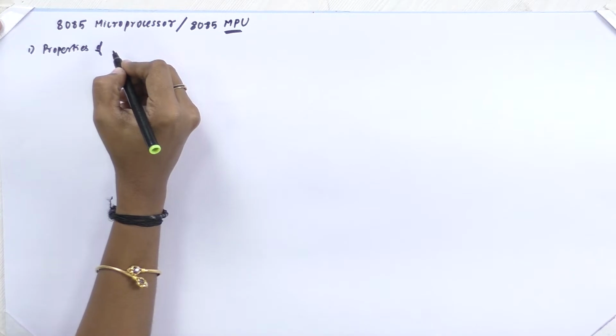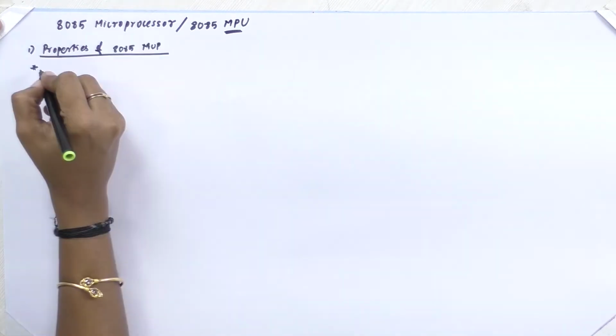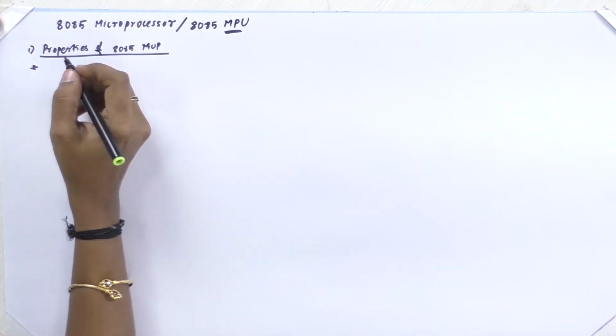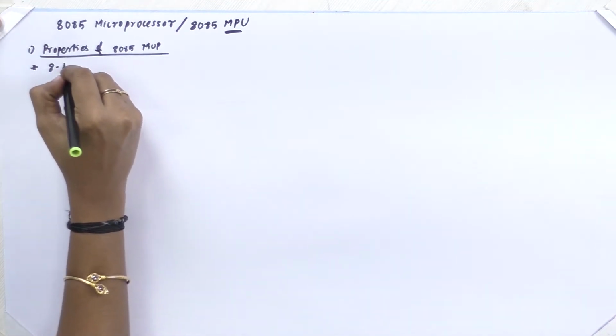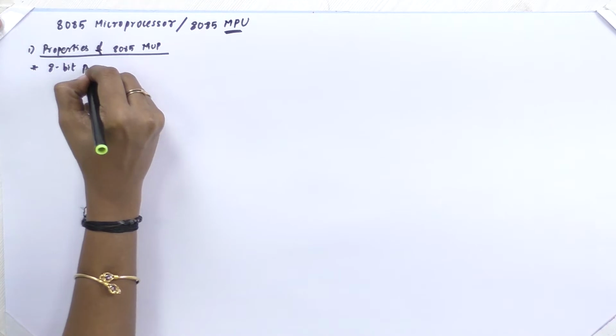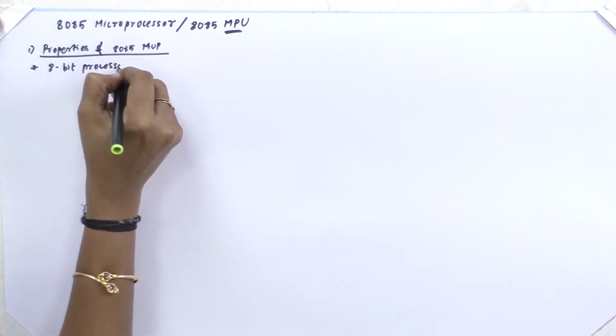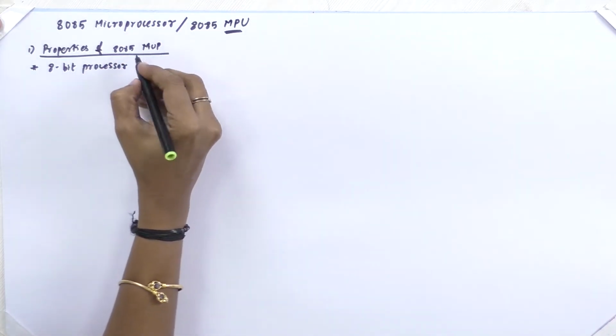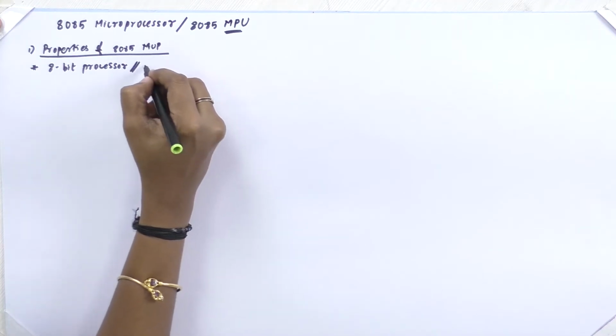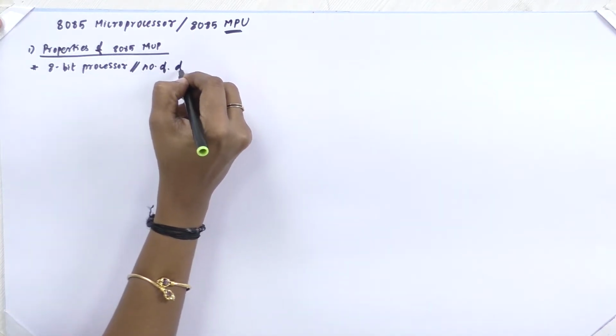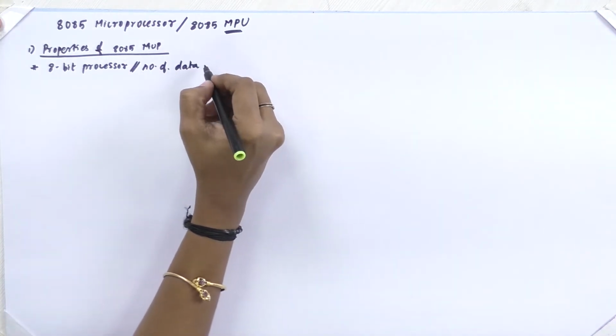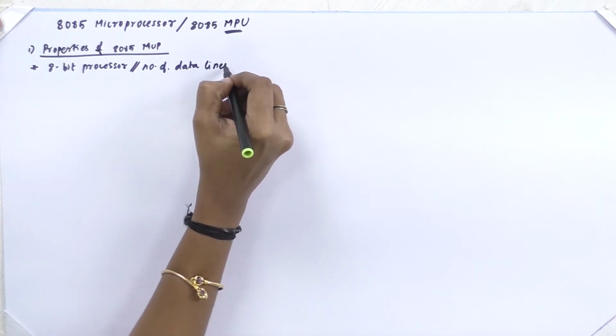Now let us discuss the properties of the 8085 microprocessor. The first property is that it is an 8-bit processor. This is defined using the number of data lines present in the microprocessor architecture.